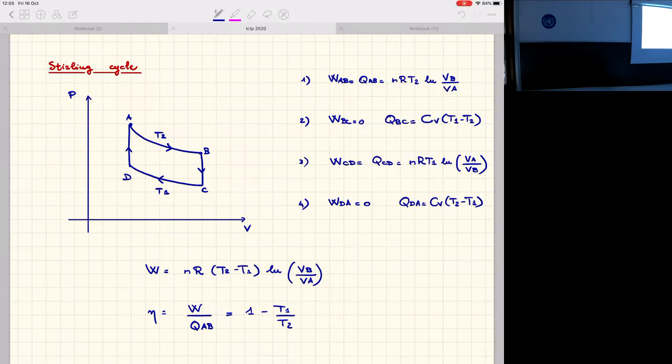How do you get Q_BC? Yeah, I was thinking about that. Q_BC is negative. So that's heat that is released, right? Q_DA is positive.